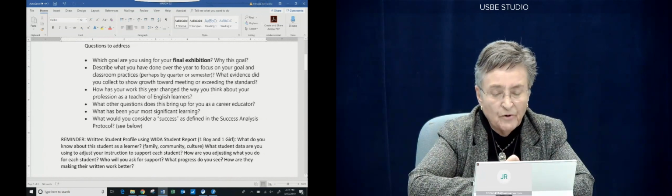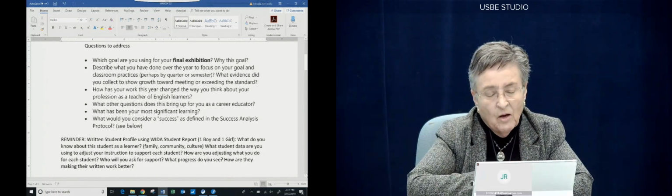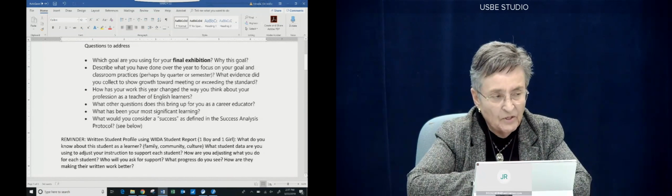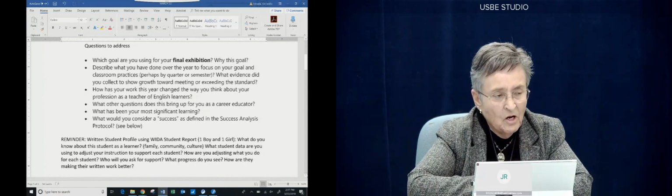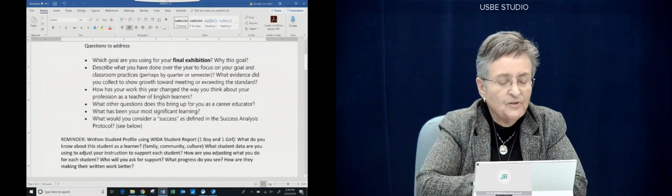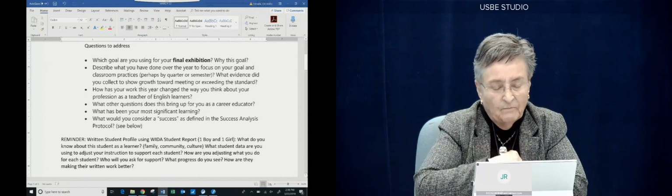Now, if you notice, the focus here is on student work. It's on written work. One of the biggest issues in relationship to language acquisition is that in the early phases of English proficiency, or proficiency in any language for that matter, there's that silent phase where you're listening.